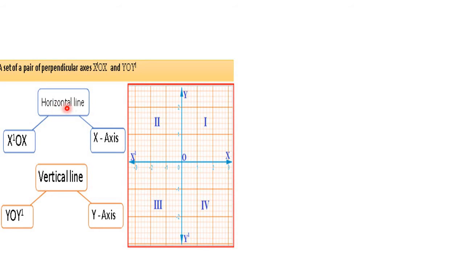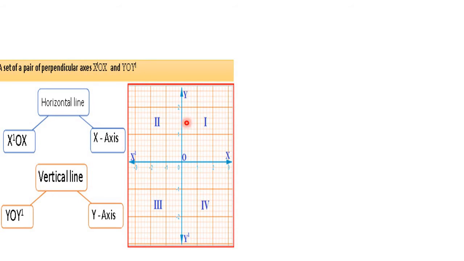The vertical line YOY' is called the y-axis.